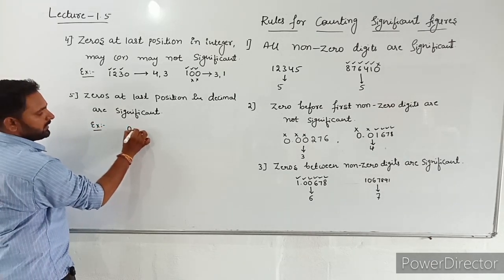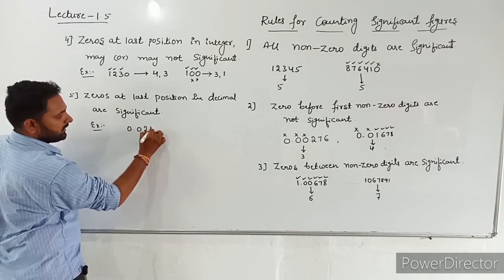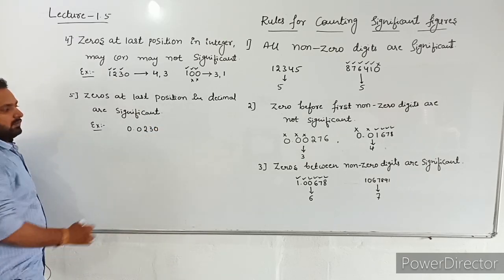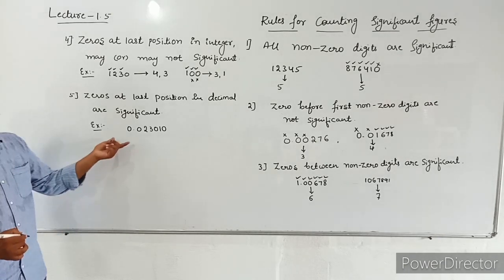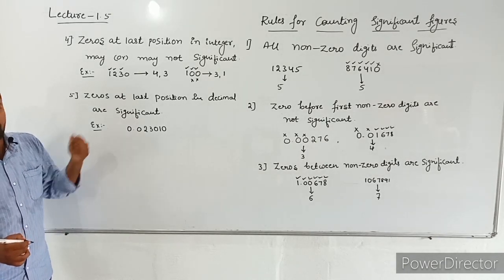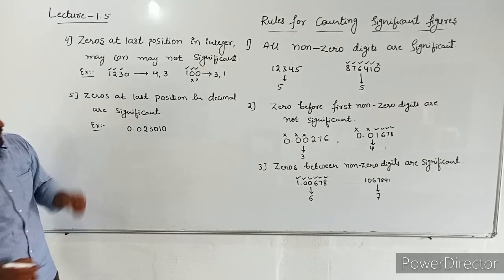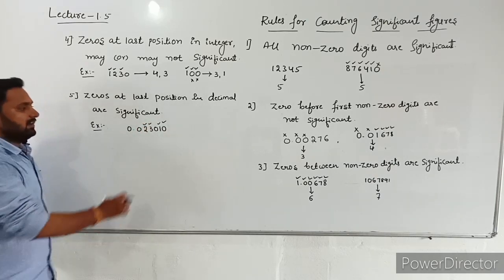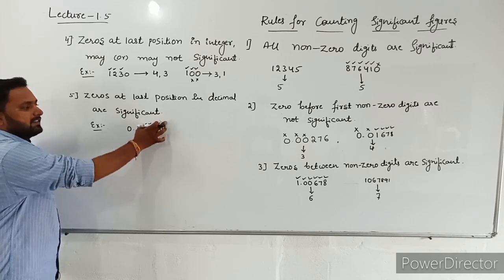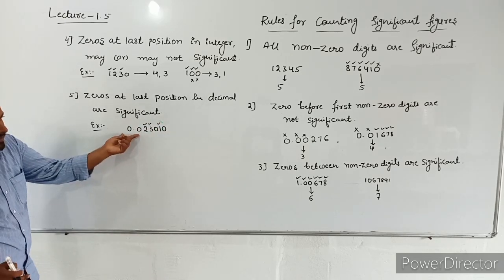0.0230. How many significant figures are present in this number? See, according to the first rule, all non-zero digits are considered significant. What about these zeros?